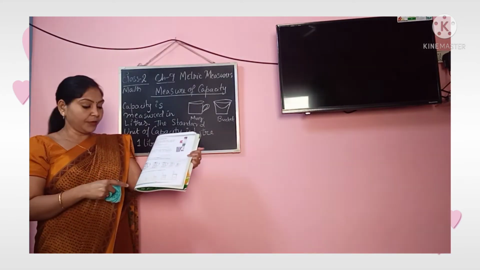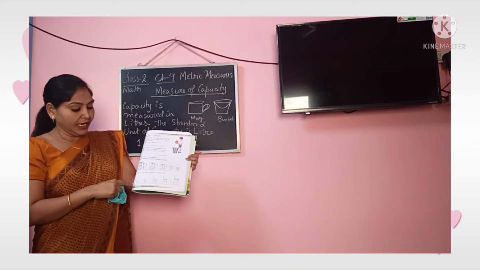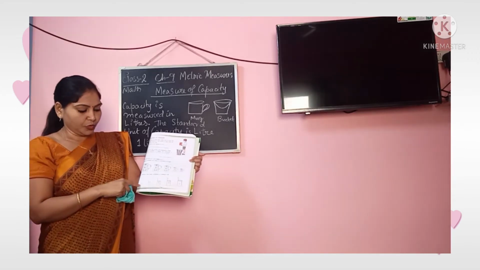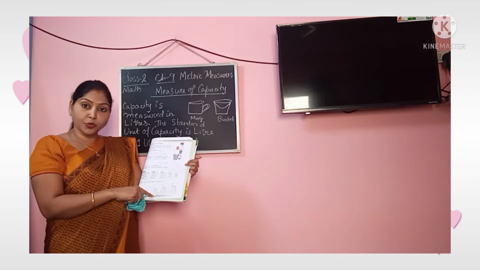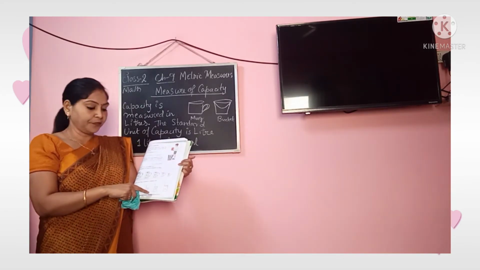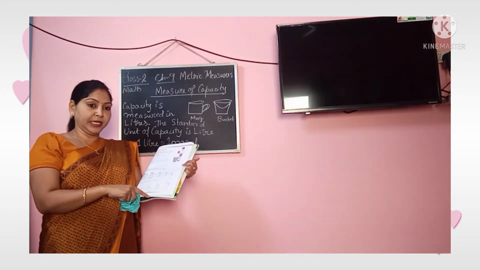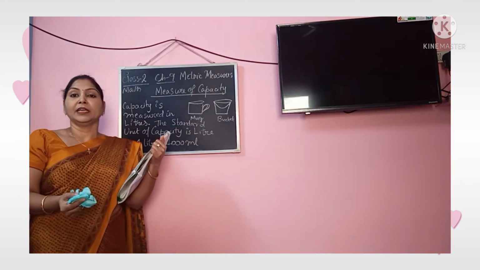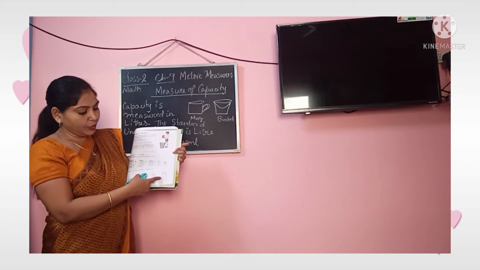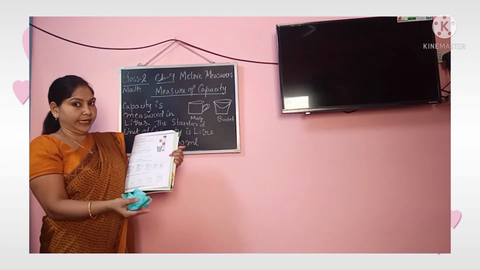For measuring milk, you see 50 ml, so small, then bigger than that 100 ml, then 200 ml, then 500 ml and 1 liter. If you have to buy 2 liters of milk, then you will use this container 2 times.